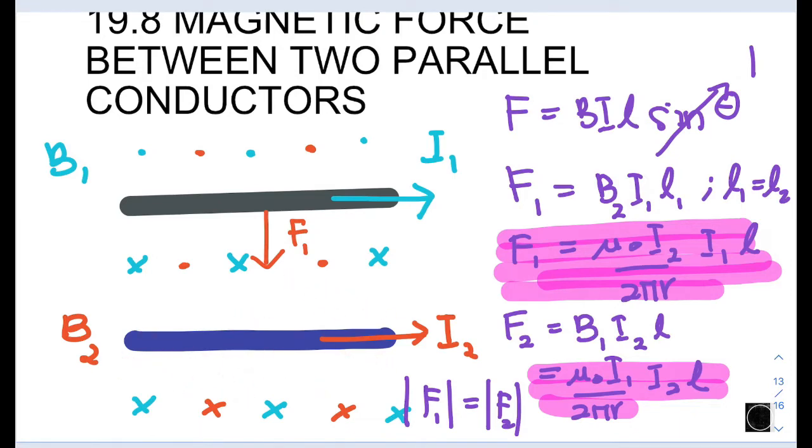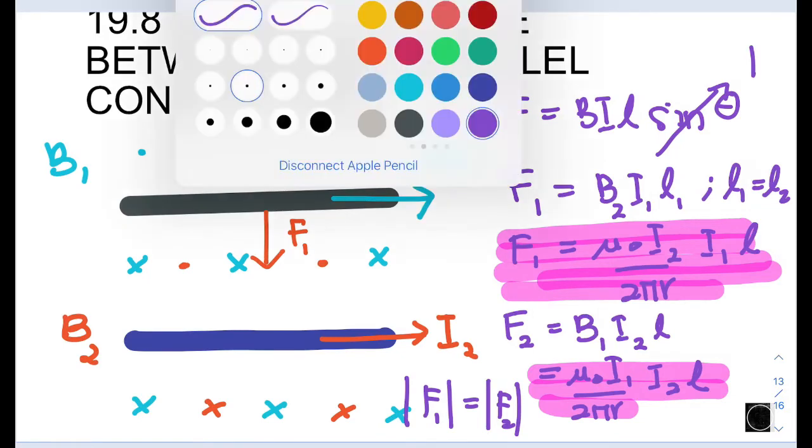B1 is the blue color, which is into the page. So index finger along I2, B is into the page, so your thumb is pointing upward.